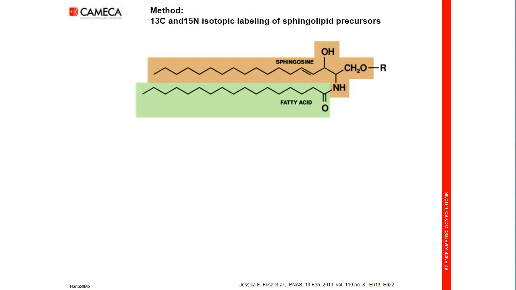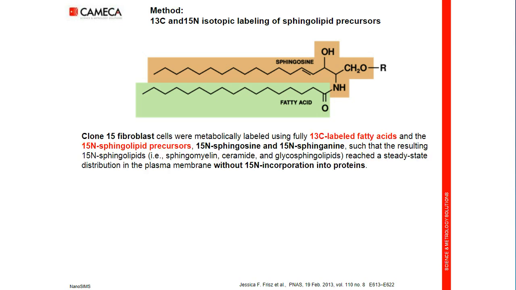So the method, we see a general structure of sphingolipid with two parts. So clone 15 fibroblast cells were metabolically labeled using fully carbon-13 labeled fatty acids and the nitrogen-15 sphingolipid precursors, so sphingosine and sphinganine, such that the resulting sphingolipids reached a steady state distribution in the plasma membrane without nitrogen-15 incorporation into proteins.